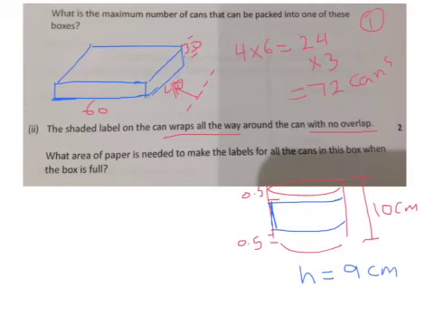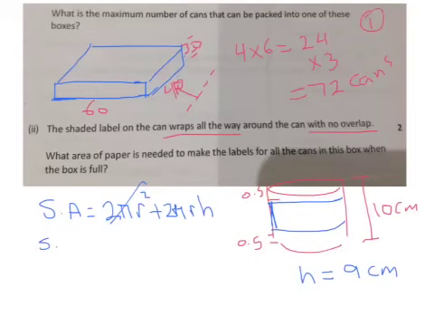Okay, so finding the actual surface area. The surface area formula is given to them for the cylinder, but they need to consider that they're only taking the curved surface area, so they're not calculating the 2 circles. If they look at the formula sheet, which says 2 pi r squared plus 2 pi r h, the first part is cancelled because the wrap does not go over the circles.